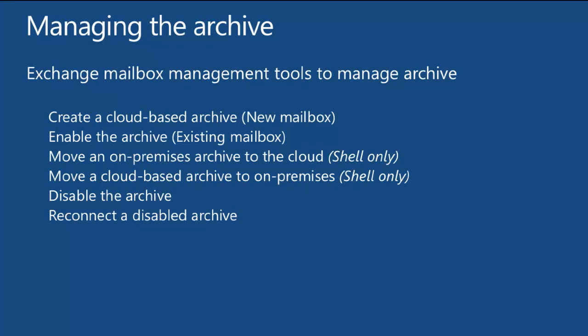You can do it on EAC from the cloud tenant, actually. Right. Now, move a cloud-based archive back to on-premises. So it's just like moving a mailbox. On-premises to the cloud, and if you're not really satisfied, I hope you're not, but if you're not, you can move it back to your on-premises. How cool is that? Right, I'm going to jump in because it worked. It worked, okay. All right.